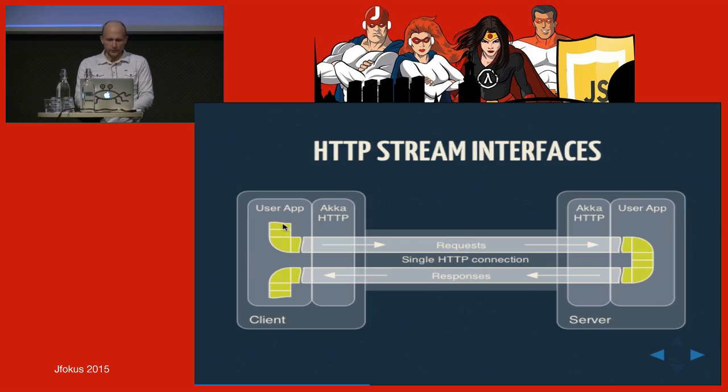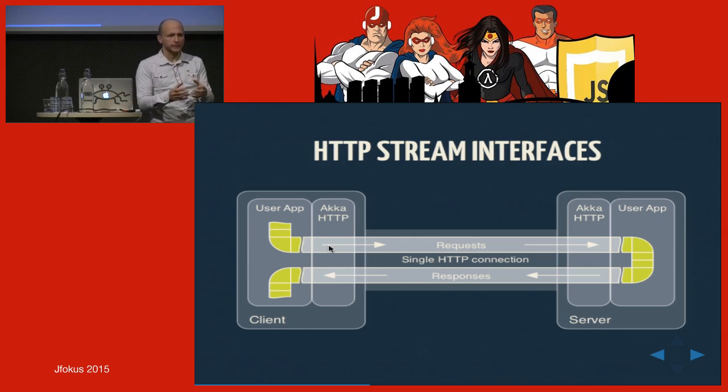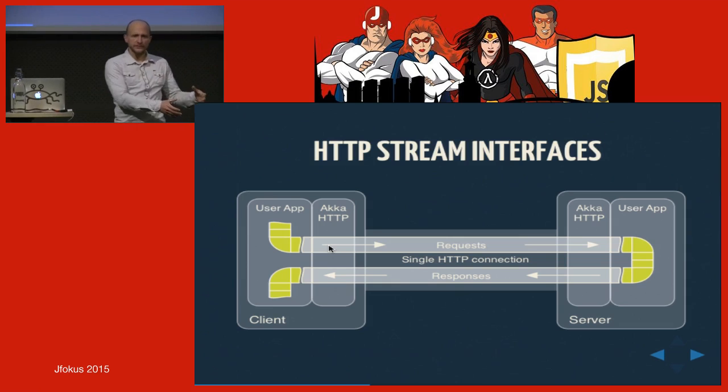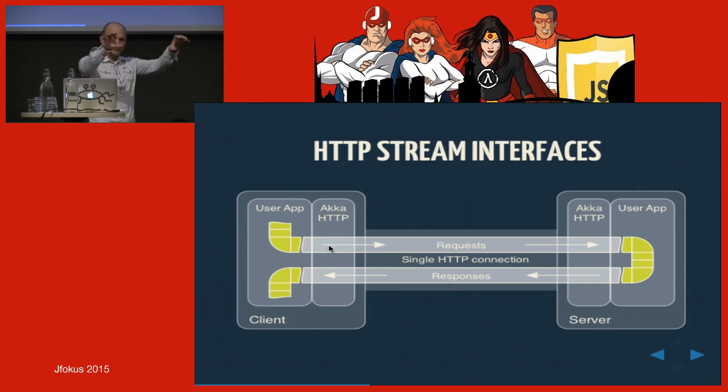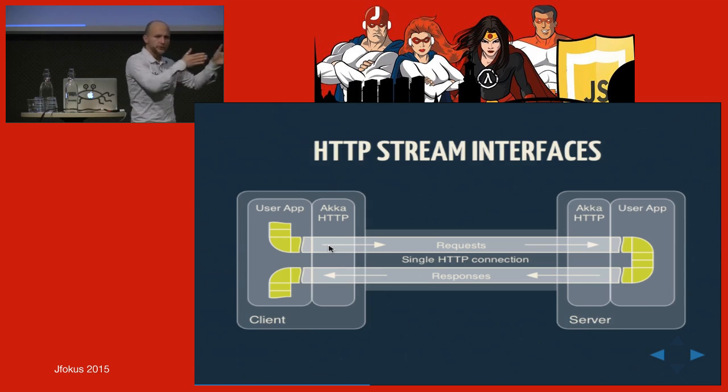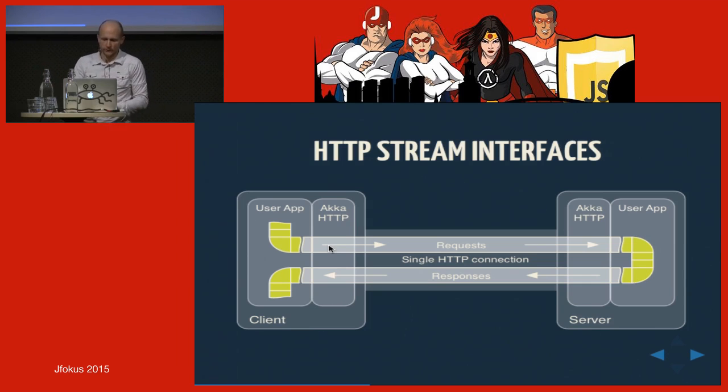You write the yellow stuff, and what you get from Akka-HTTP is a component, a piece of pipeline, so to speak, that turns requests into responses. Because that's what a client does. An HTTP client turns requests into responses, right? So what we give you is a piece of hose that you can put into your pipeline that does just that. That's it. And you work with it.